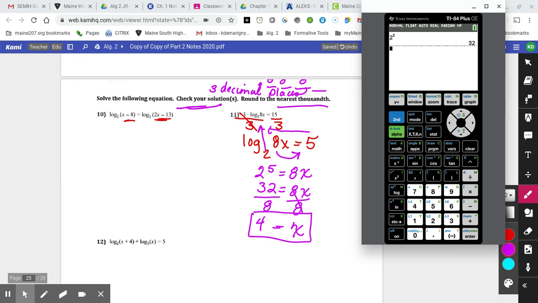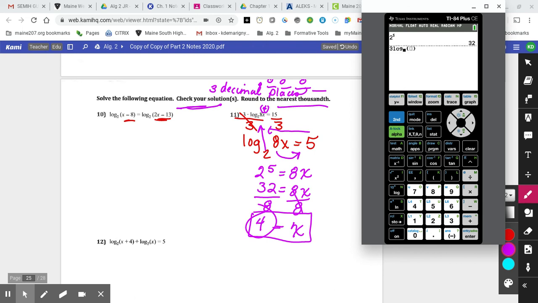Well, let's check this. So what I had was 3, and I'm going to put this value of 4 right here. So it'll be 3 times the log. Oh, but don't forget, I've got to change the base. So I'll go to my math, and I forgot to put the 3 in. So let's put the 3 in and then go to the math, change a base. And there it is.